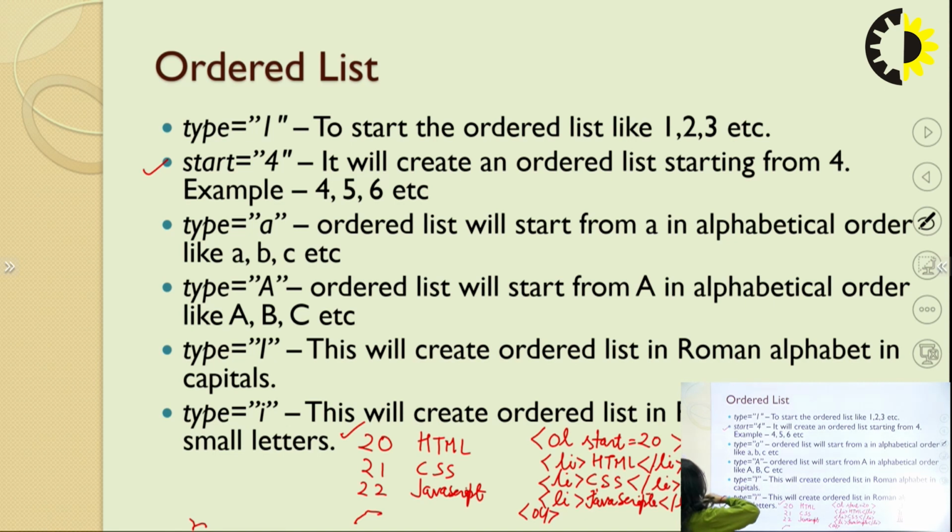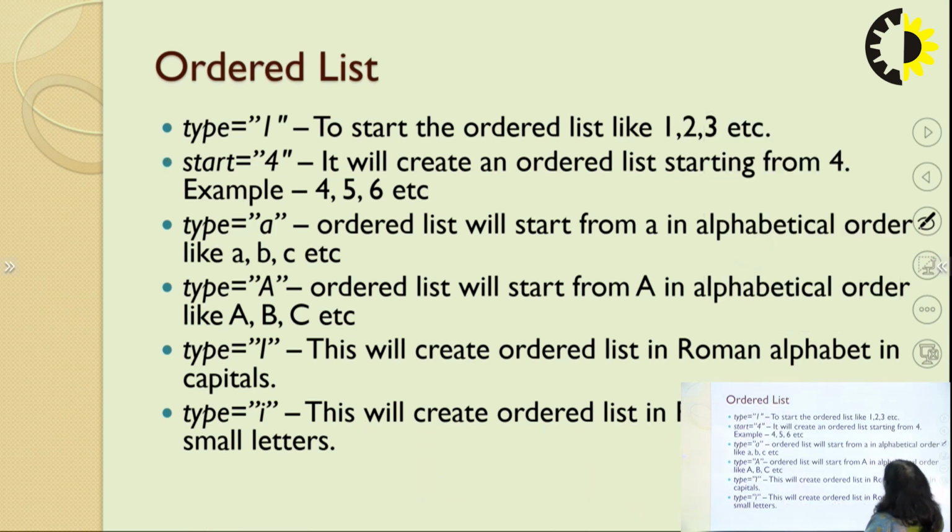Next one is, if we want to represent the elements in some alphabetical order like A, B, C, D, then we write type is equal to A. We can take an example like A HTML, B CSS, C JavaScript.